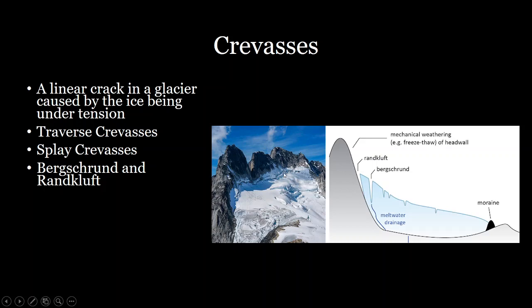You can see that here, and it's formed as you have that glacier just starting to initiate its movement and kind of breaking off and having more flow downstream. And then the Randkluft crevasse is the crevasse that separates the glacier from the cliff face itself at the top of the glacier. And so these are the most prominent crevasses that you see on hanging glaciers.